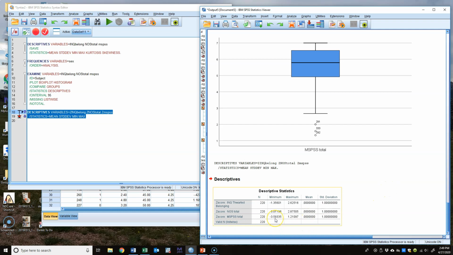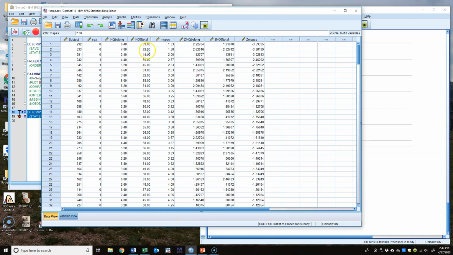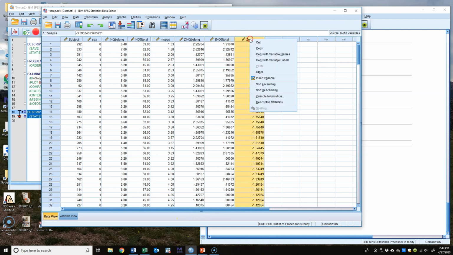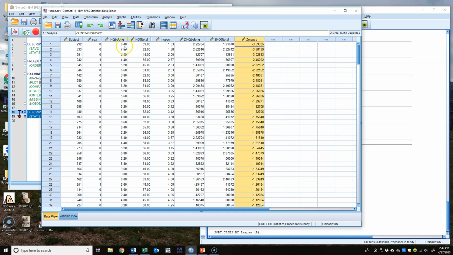MSPSS scores, we've got a case that's getting close to 3.6 standard deviations below the mean, which we probably want to take a look at and maybe flag. So if I go back to my MSPSS variable and sort that, I see a couple of cases that are exceeding that 3.29, which would be associated with a p equal 0.001 z.